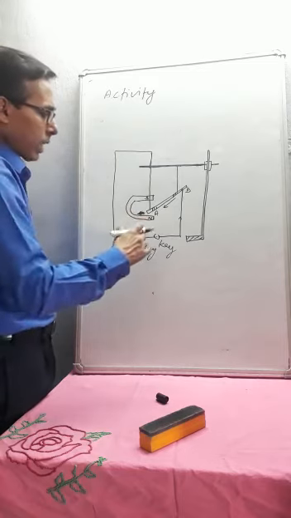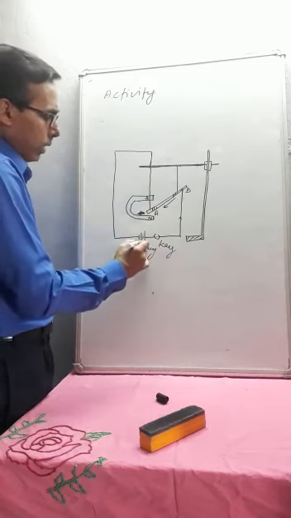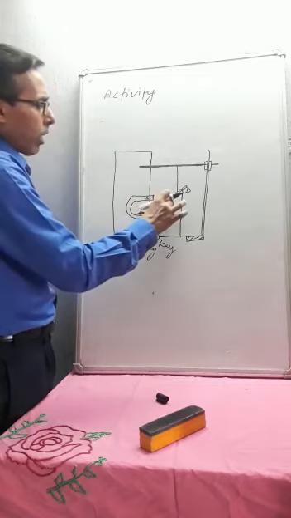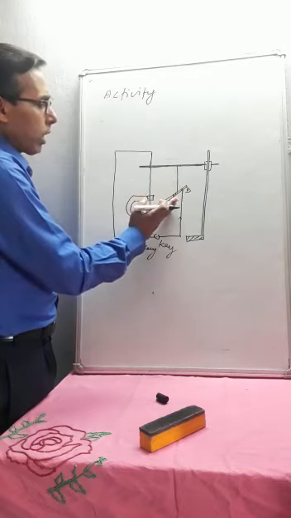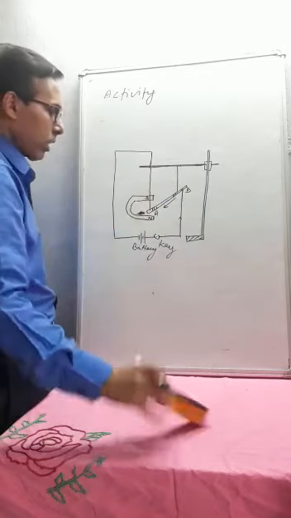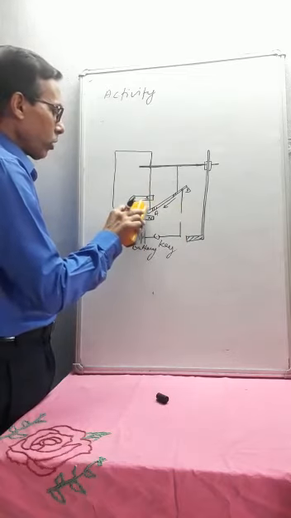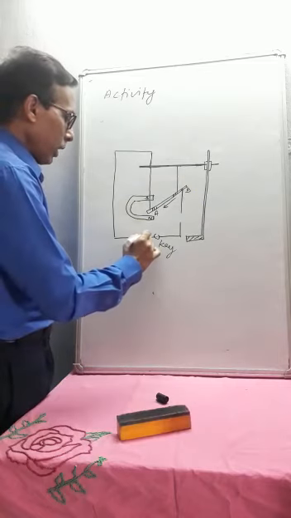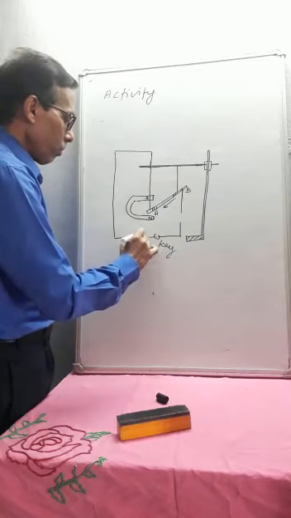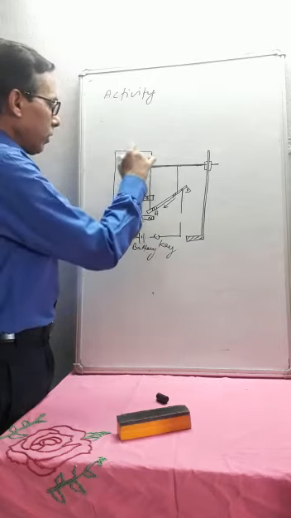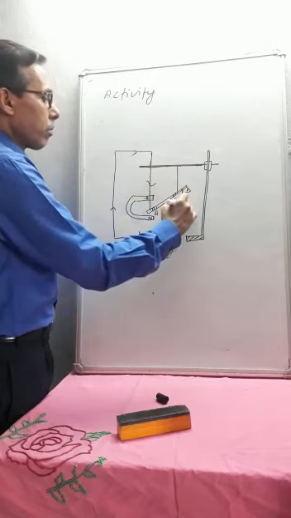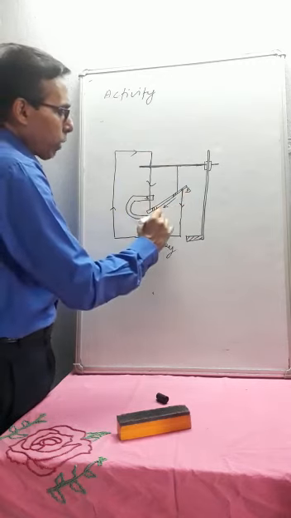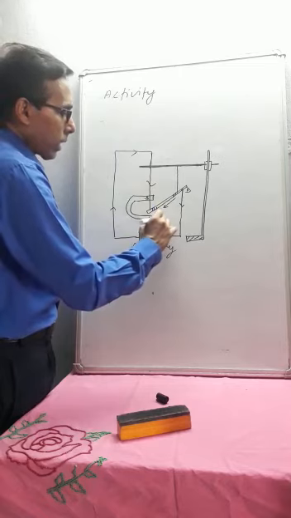And if we reverse the direction of the current by changing the polarity of the battery, then we observe that the direction of force on the aluminium rod is also reversed, and the aluminium rod will be displaced towards the right direction.